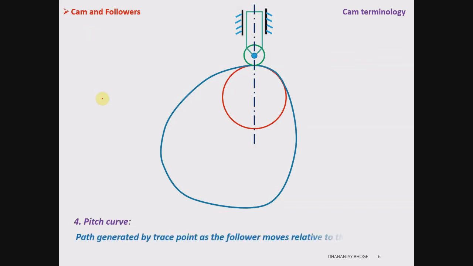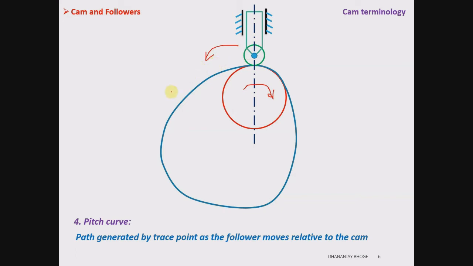Now pitch curve is the path generated by trace point as the follower moves relative to the cam. Now if we suppose that cam rotates in clockwise direction about its center, follower will rotate in counterclockwise direction, if we held the cam stationary going by the inversion principle, kinematic inversion. Actually the cam is rotating but we held the cam stationary, the follower has to rotate counterclockwise.